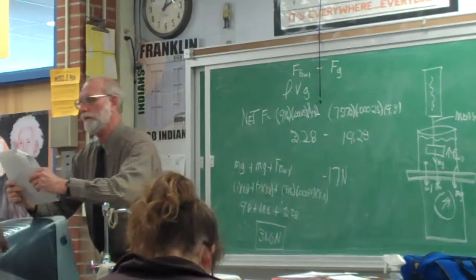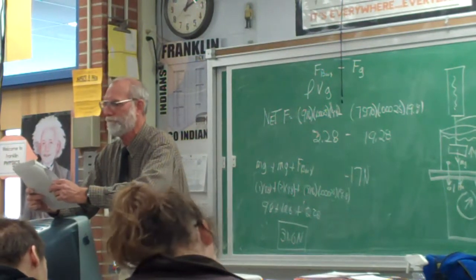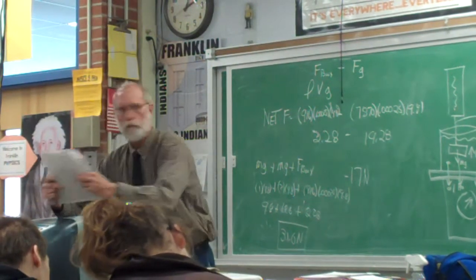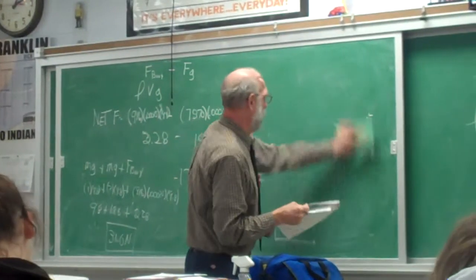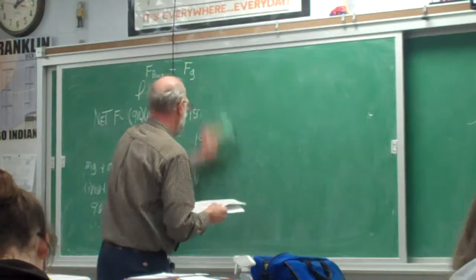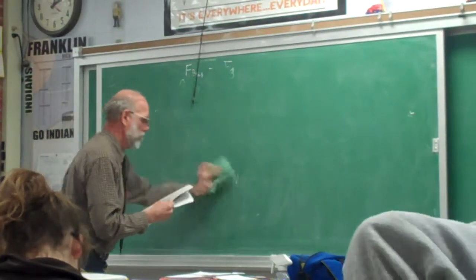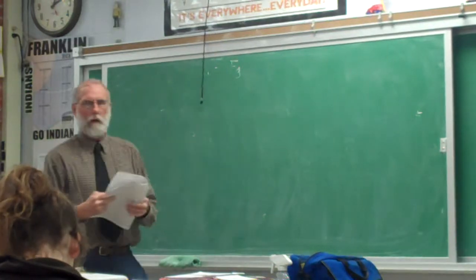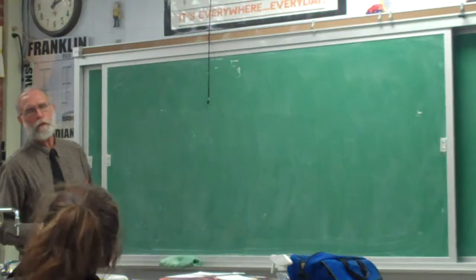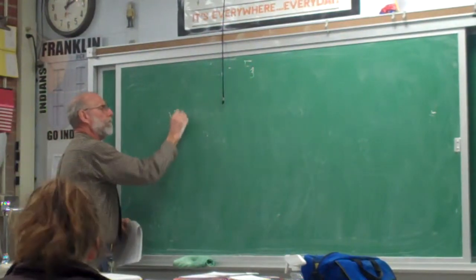For number 8, your velocity is 31.57 meters per second. When you have an incompressible liquid, the volume stays the same.